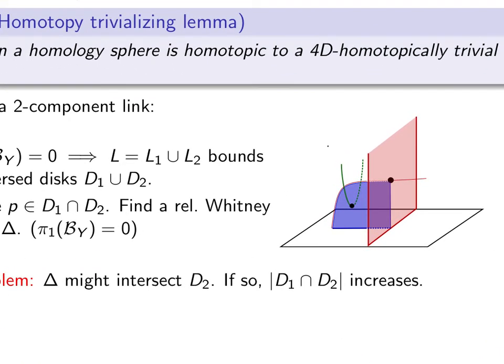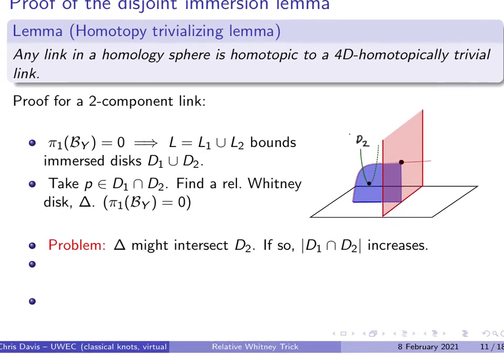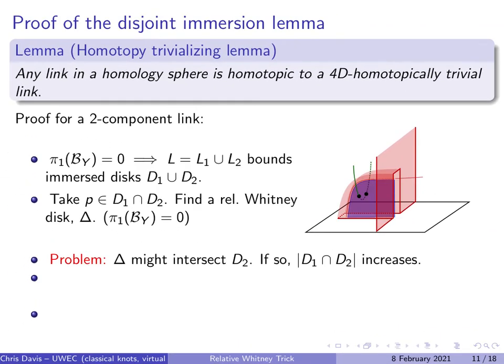Now, there's a problem. Maybe there's a little bit of D2, namely this green surface, which intersects the relative Whitney disk. If that's the case, then doing the relative Whitney move won't help me. Sure, it'll get rid of this intersection point at P, but it'll create at least 2 new points of intersection.